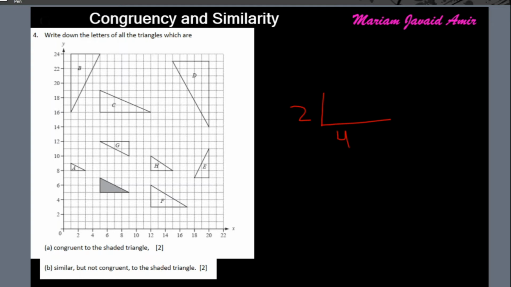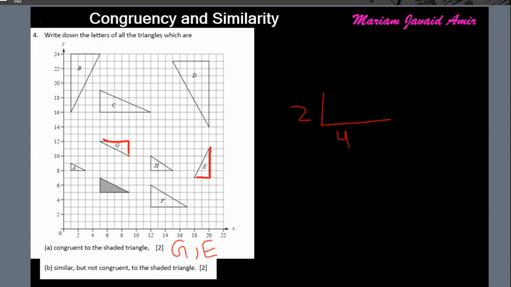So we're looking for more triangles with such lengths. I think there's G, 2 and 4. Do we have any other? No, this is 2, 3, this is longer, this is 2 and 4. Yes, 2 and 4 units. So I believe G and E only for part A.